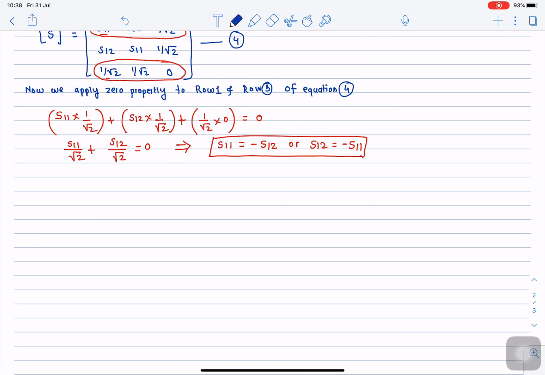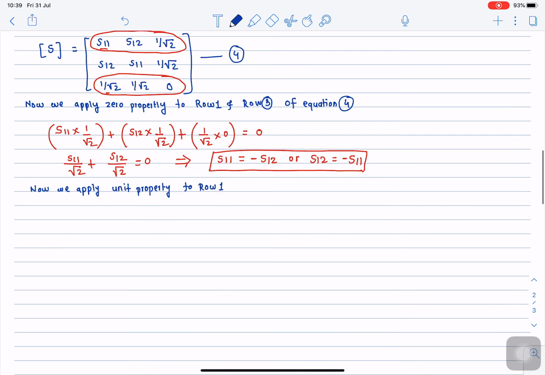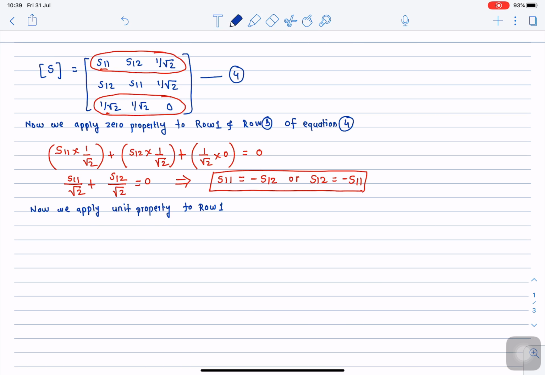Now this time we apply the unit property to row 1. We will apply the unit property only to row 1. Row 1 we already know consists of S11, S12 and 1 by root 2 as the three elements.